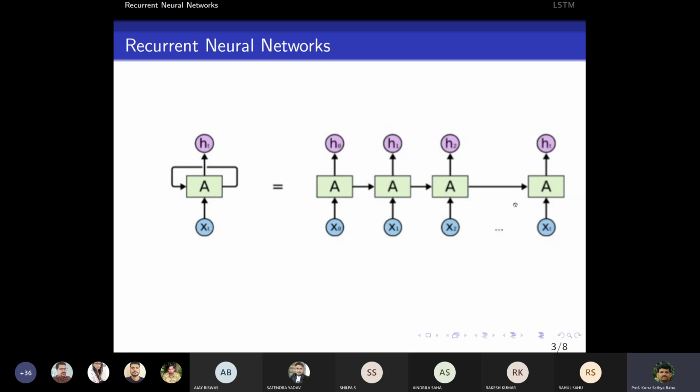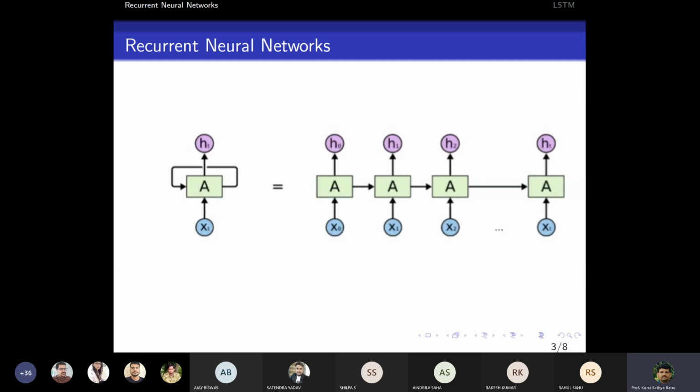You need to understand that in feed forward networks, the output at time t is independent of the output at time t minus 1. There is no relation between the new output and the previous output. So in feed forward networks, the outputs are independent of each other.